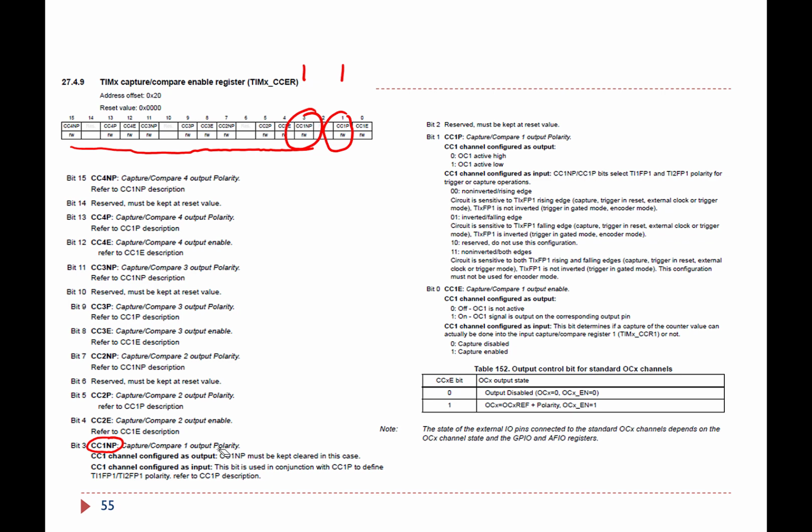This bit is used in conjunction with CC1P to define these timer polarities, and it says refer to the description there. Okay, and then it says CC1P is right there, and you can guess it says CC1 channel configured as input. Well, that's what we were doing here. We weren't configured as output, we were configured as input, because what we're trying to do is input capture.